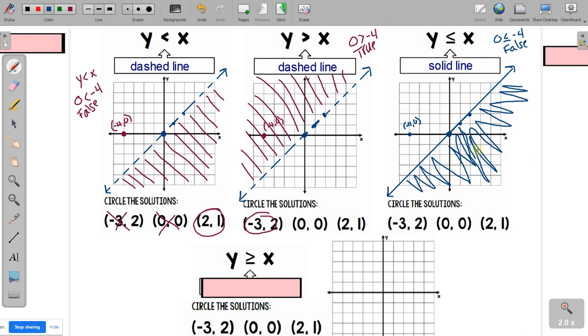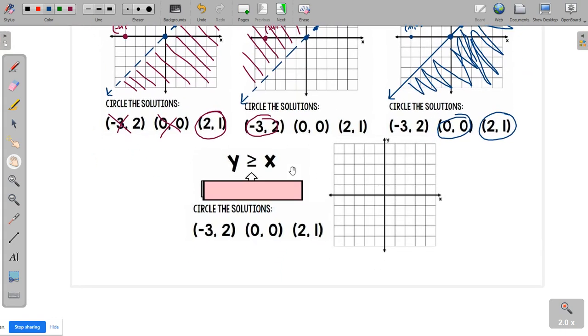Since we are shading below the line, and it's a solid line, anything in this region and on the line is going to be a solution. So we have -3, 2. We go over -3, up 2, not a solution. 0, 0 is on the line, but it's a solid line, so that makes it a solution. And 2, 1 is in our colored in region, so that is also a solution.